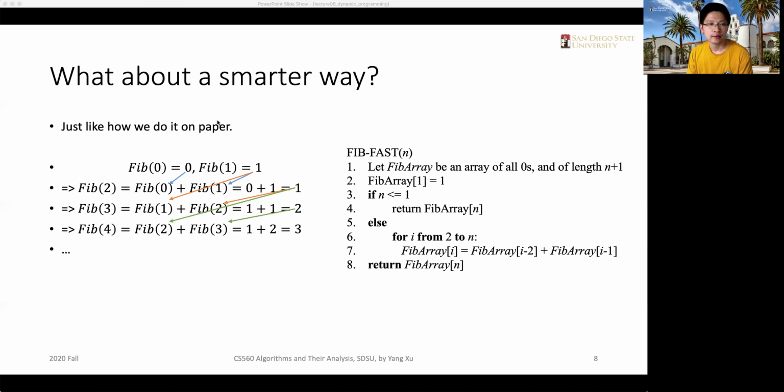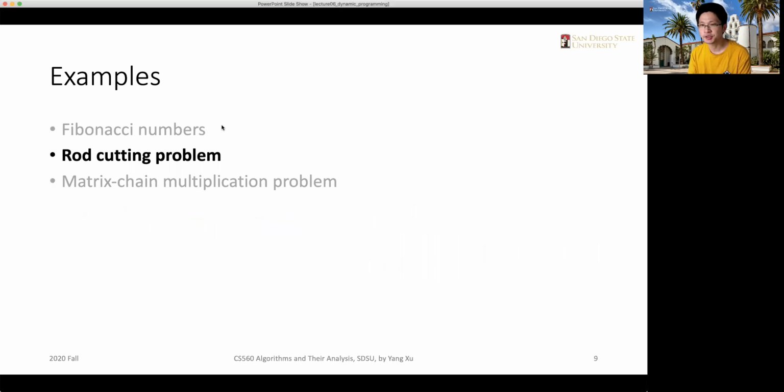So that is the example of the Fibonacci numbers.